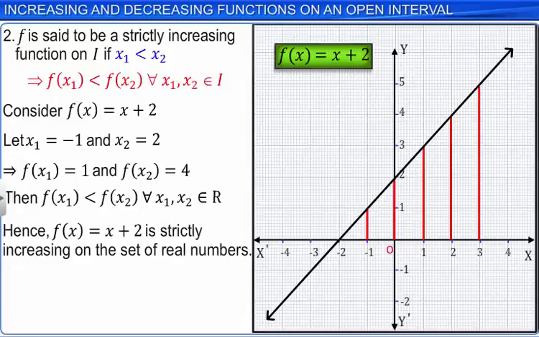Now, let us see when a function is said to be decreasing or strictly decreasing on an interval.